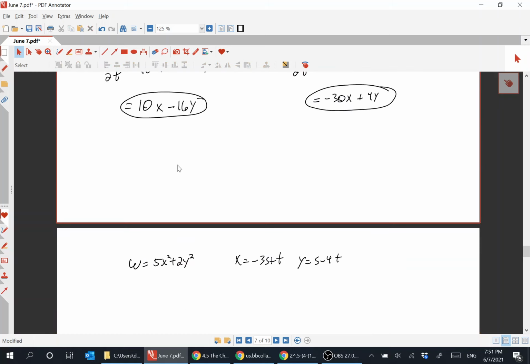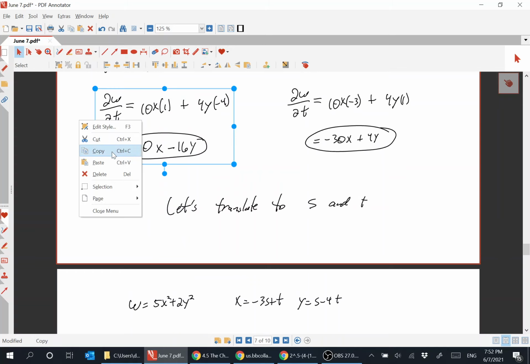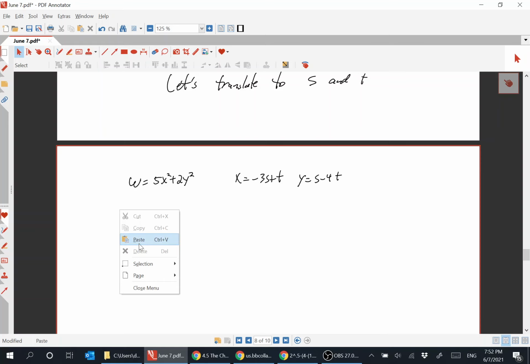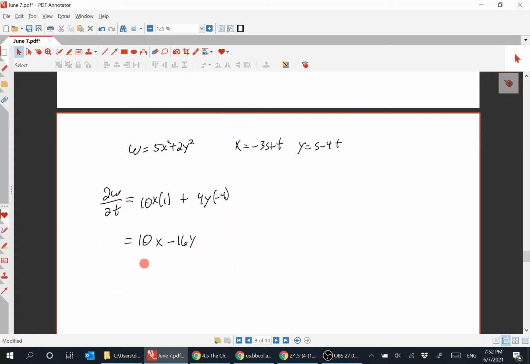So let's translate to s and t. Partial w with respect to t is equal to 10x minus 16y.